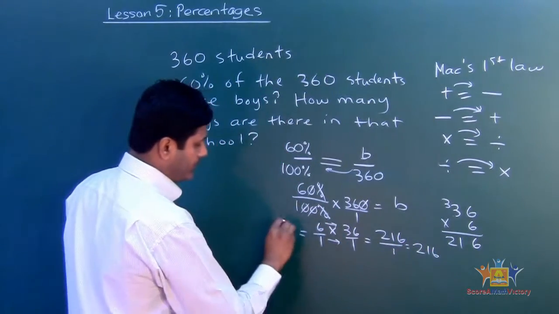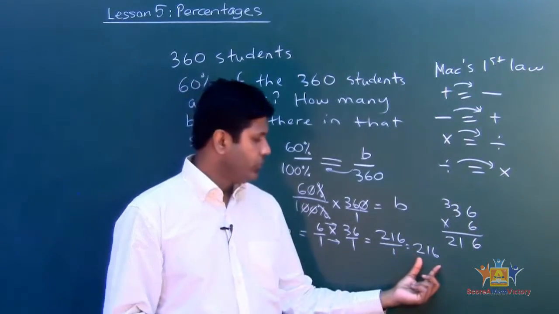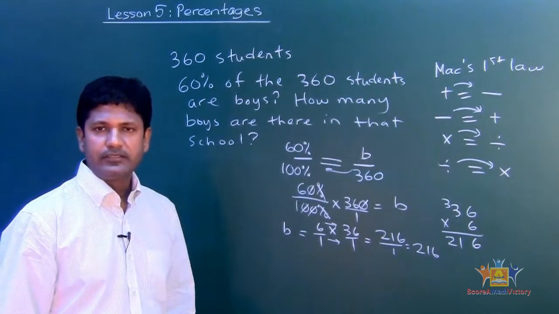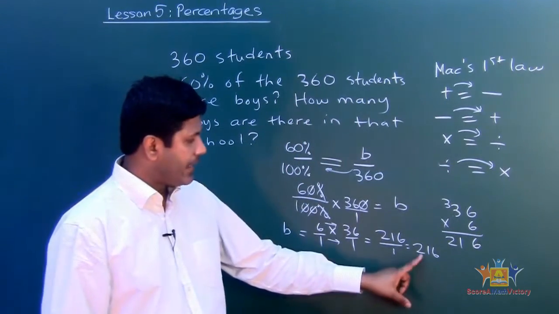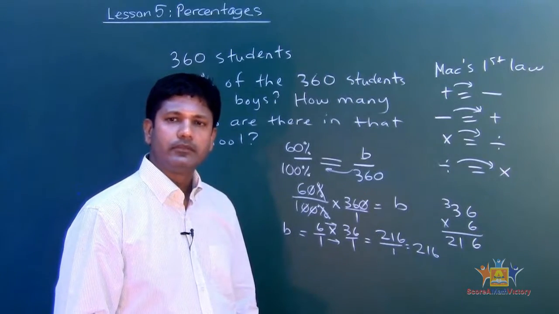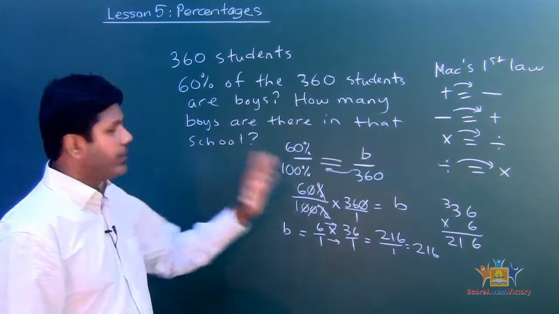That is B. So the total number of boys in that school is 216 out of the 360. And that is the 60%. Does that make sense? Okay, good. So now you understand.